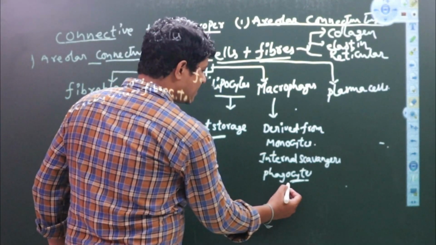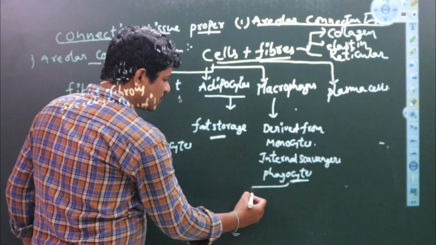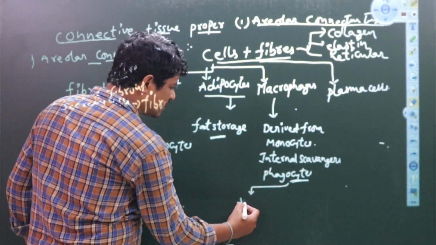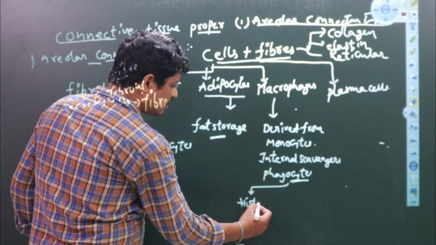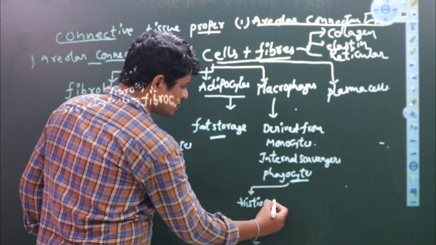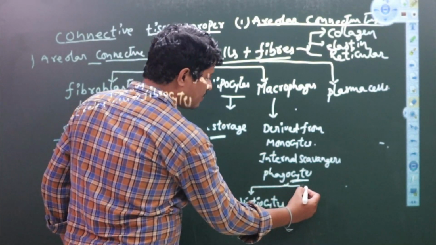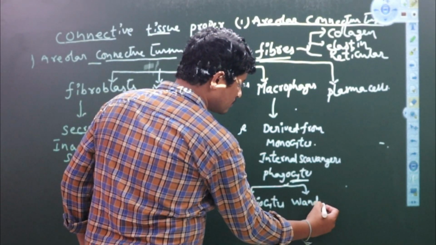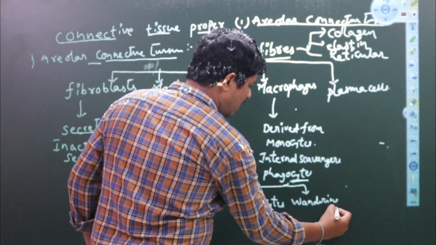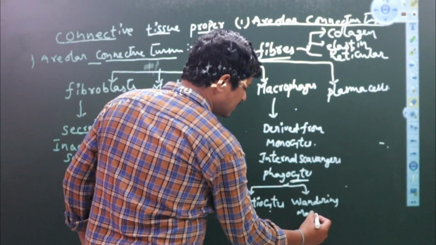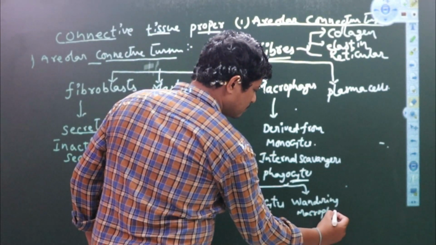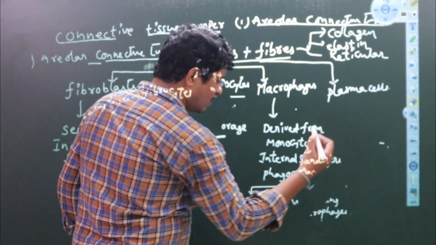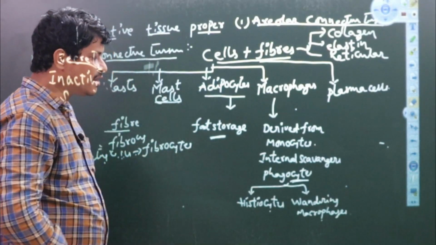These macrophages are of two types. One is histiocytes, and another one is wandering macrophages. What is the difference?